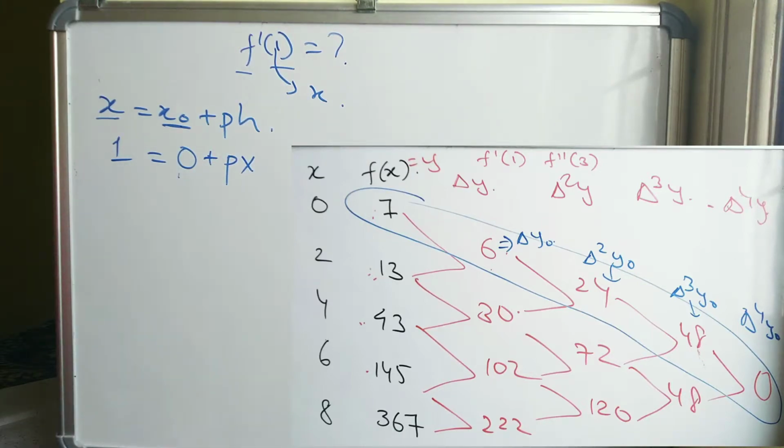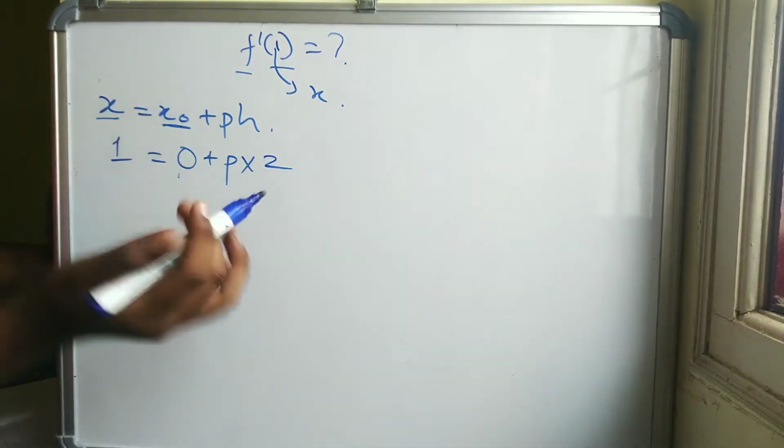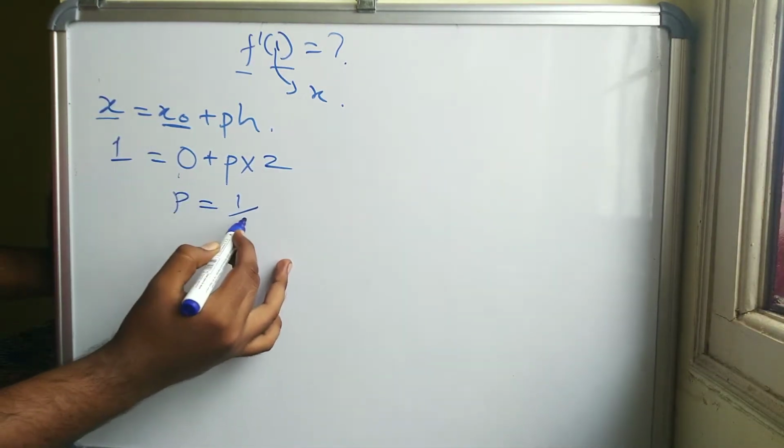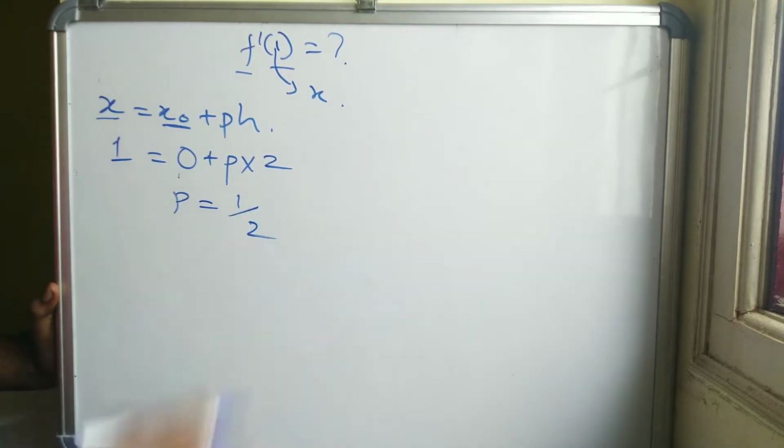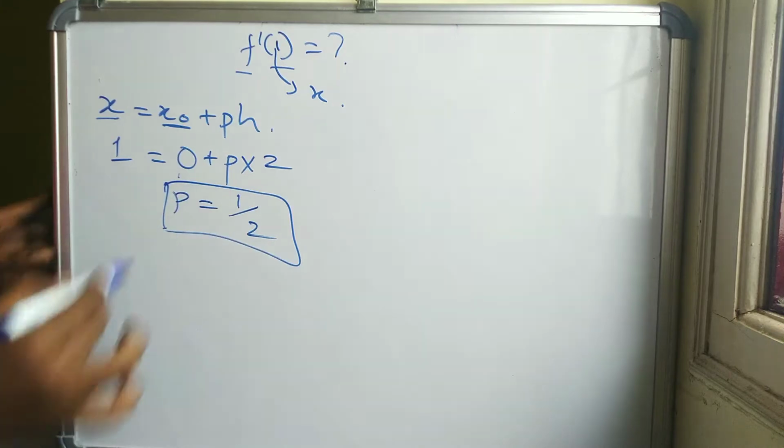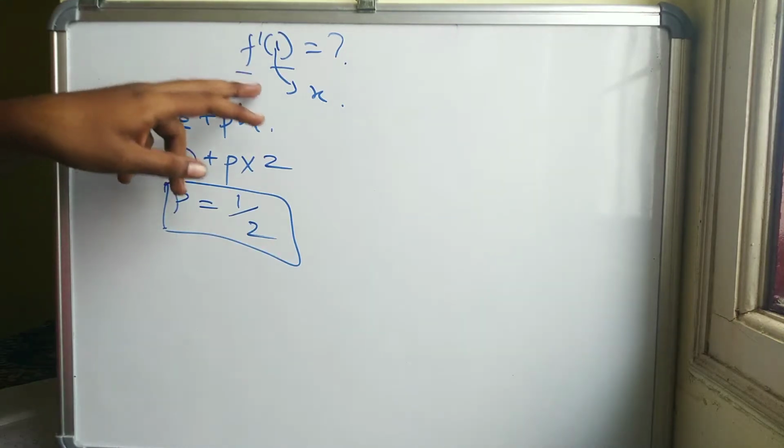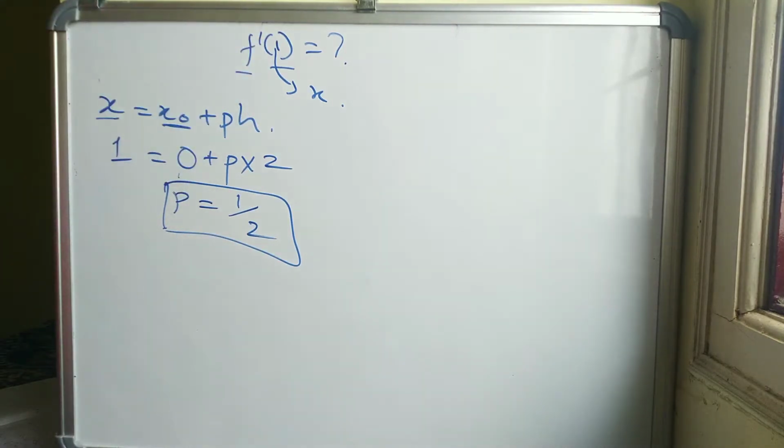Equal intervals are there, so width is 2 minus 0, x1 minus x naught, which is 2. Now from this we get p is equal to 1 by 2. Fine. Now p value we got for the case of f dash 1.